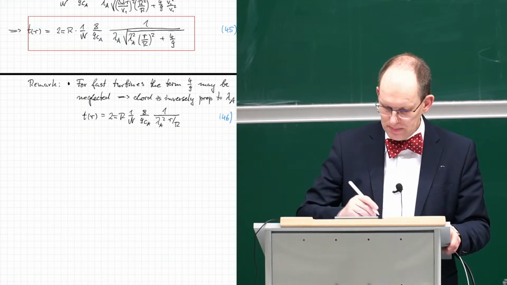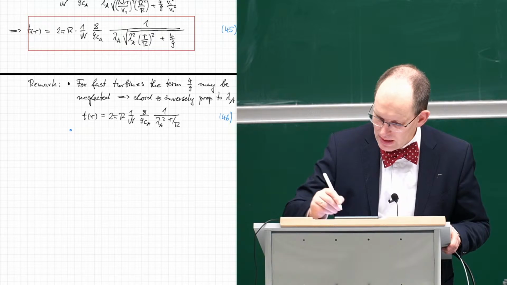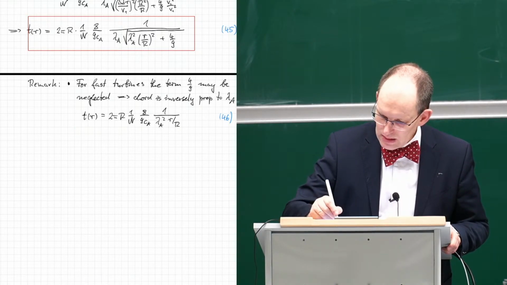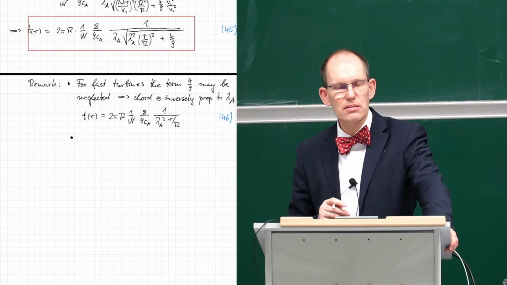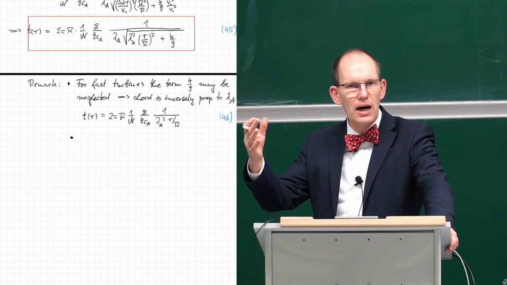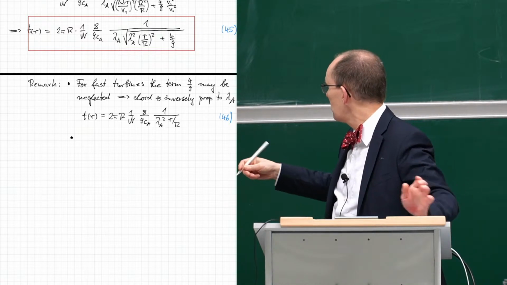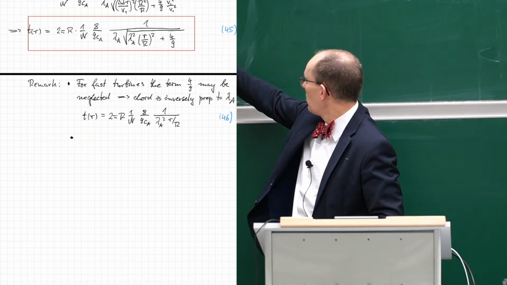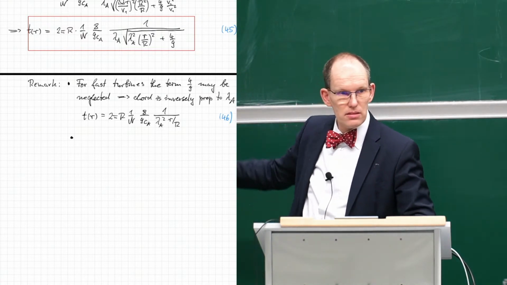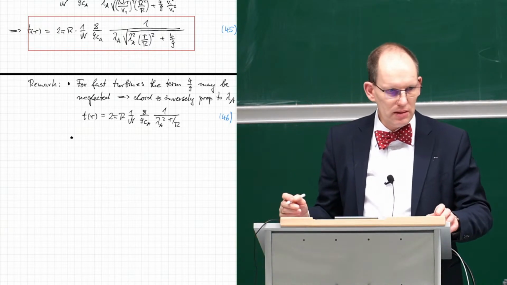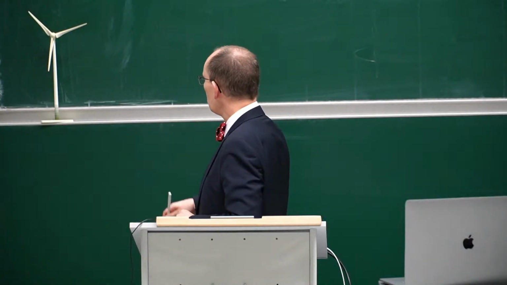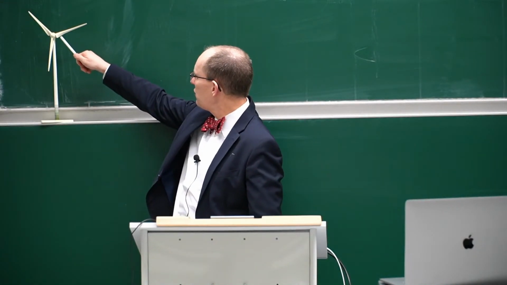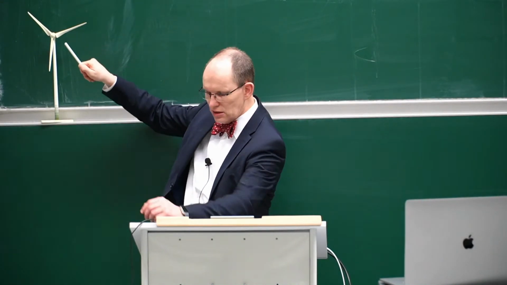Yeah? And the other remark is that Ca can depend on where you are on the plate. Yeah? So it could be larger or smaller, closer to the plate than further away. The lift coefficient can be different here and here.